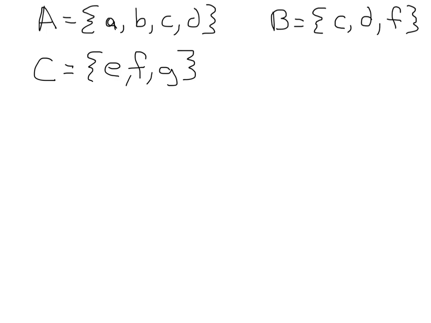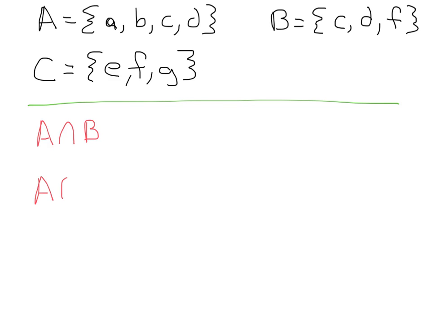So what I want you to do is find A intersect B, A intersect C, and B intersect C. Also, I want you just to notice that when I say B intersect C or A intersect B, these are always the same as if I'd switched it.